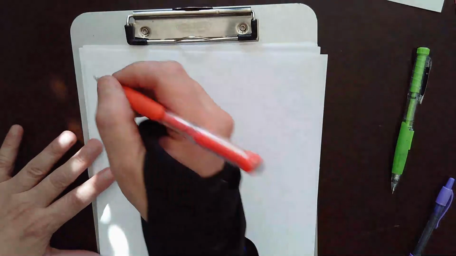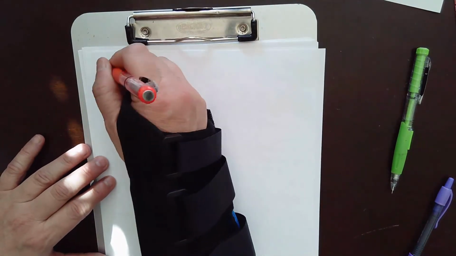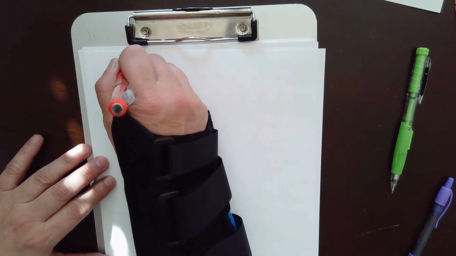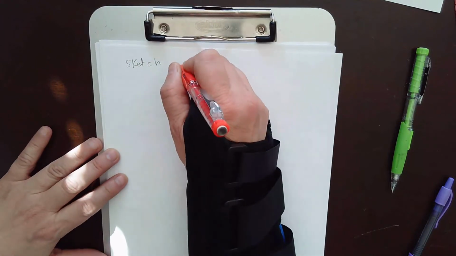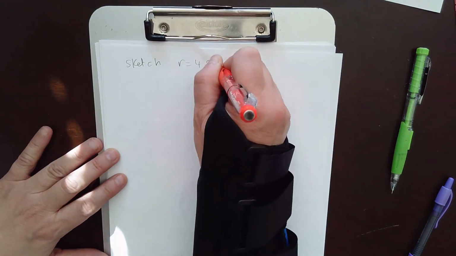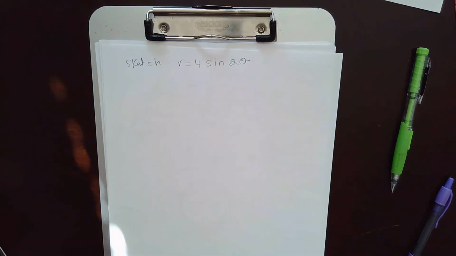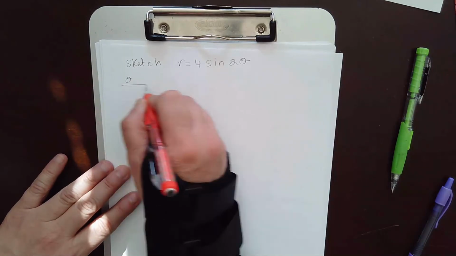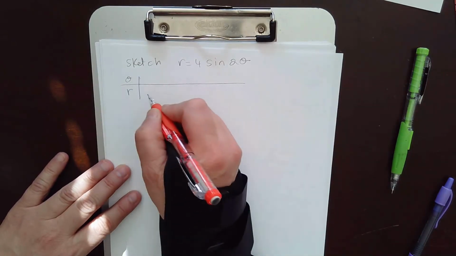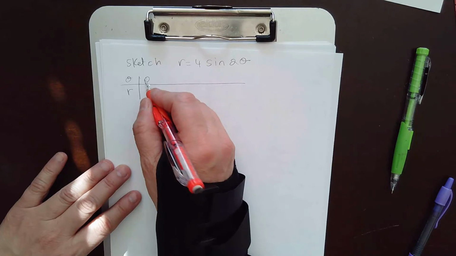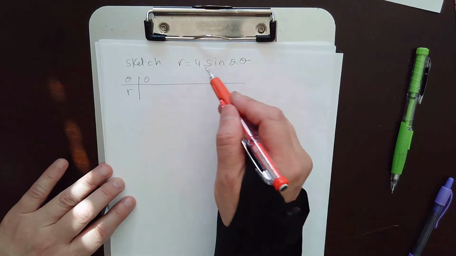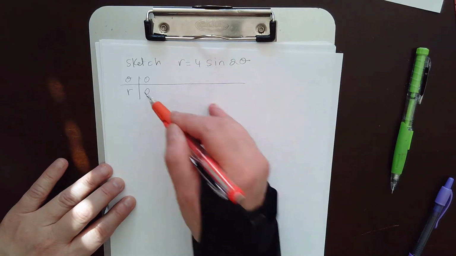So let's go ahead and graph or sketch the graph of r equal 4 sine 2 theta. So you have theta and r. When theta is 0, sine 0 is 0, and here you have 0.